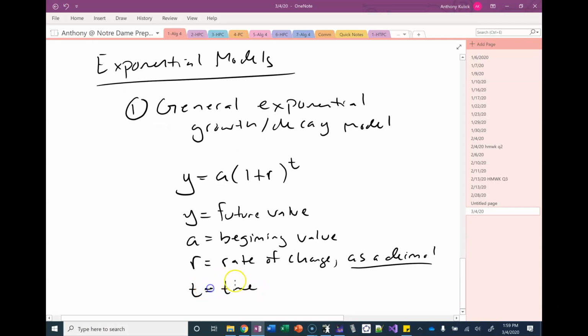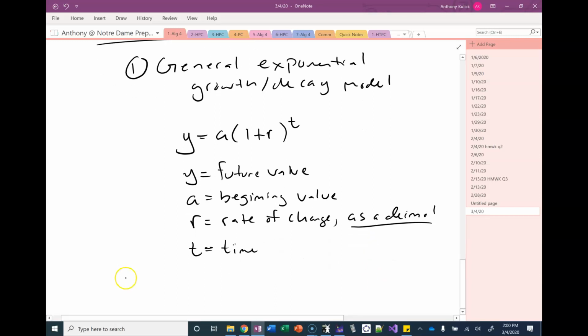And t is the amount of time elapsed. Typically, we're going to represent that in years. But it should be clear based on the rate of change what the unit should be there. So that's the first equation that we'll use. The second equation that we might use is called the compound interest formula.